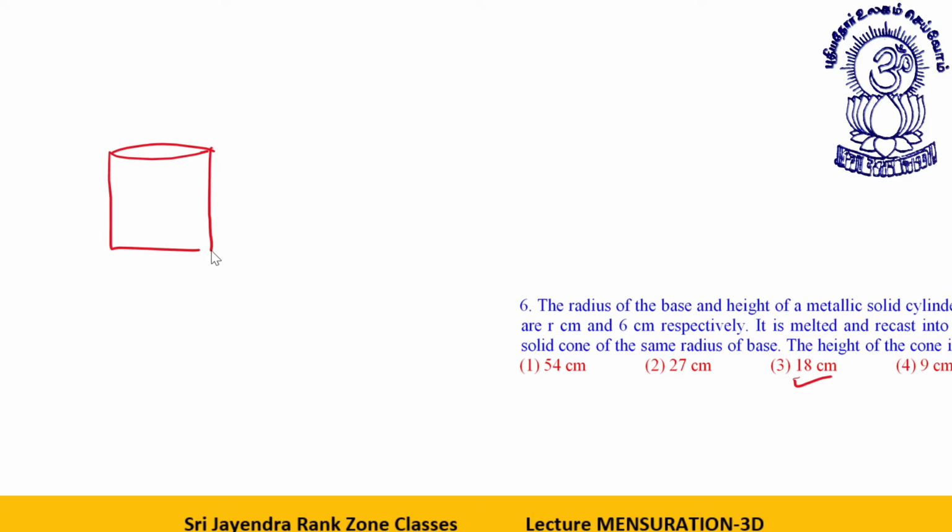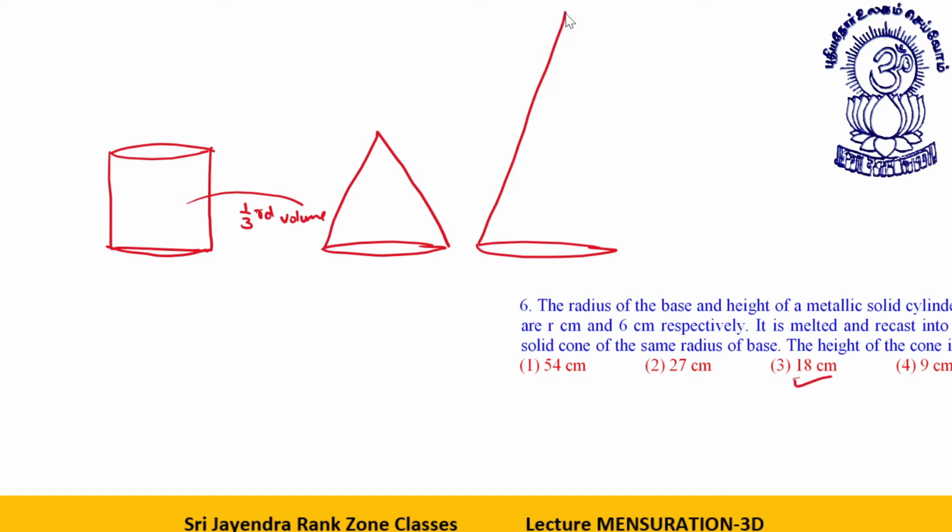What will happen if I convert this into a cone? It will be one third volume. Now, if you want the cylinder to be of equal volume of that of the cone, what you will do?